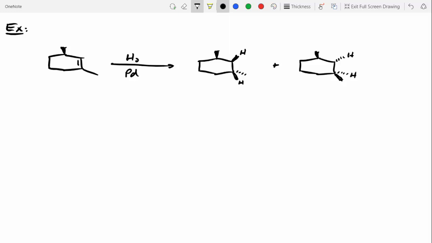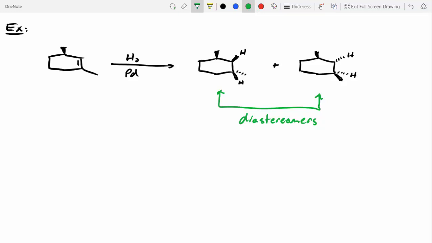What's the relationship between these two compounds? They're diastereomers. So just like with all of these addition reactions, we have to watch out for stereoisomers, specifically diastereomers and enantiomers. Diastereomers once in a while pop up, but normally what we're observing is a set of enantiomers.